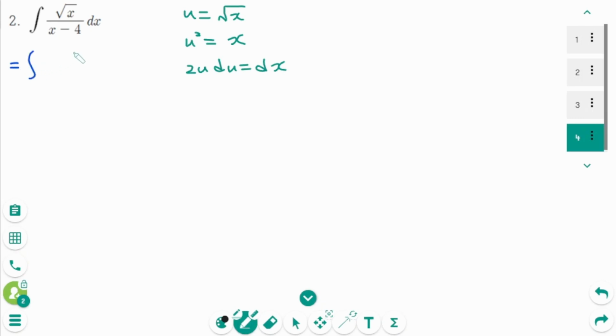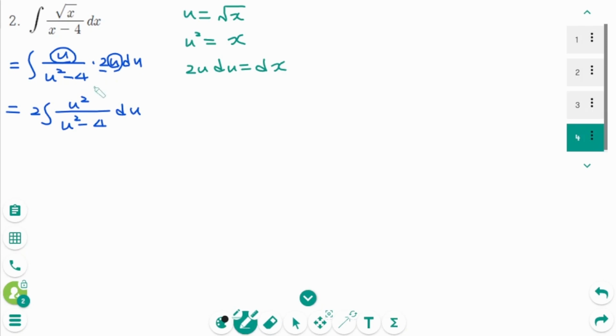The integral of square root of x, which is u, over x, which means u squared, minus 4, then dx means 2u du. We can rewrite as 2u squared over u squared minus 4 du.